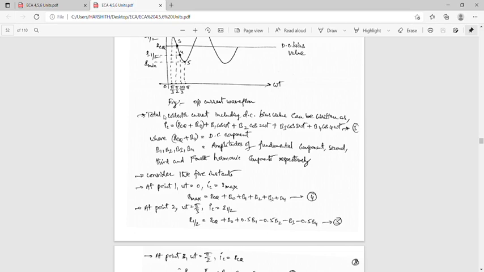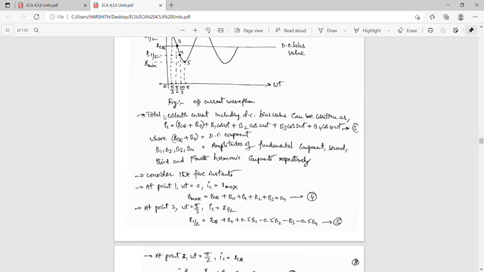At point 2, omega t equals pi by 3, and IC equals I1 by 2. At point 3, omega t equals pi by 2, and IC equals ICQ, that is, ICQ plus B0 minus B2 plus B4.